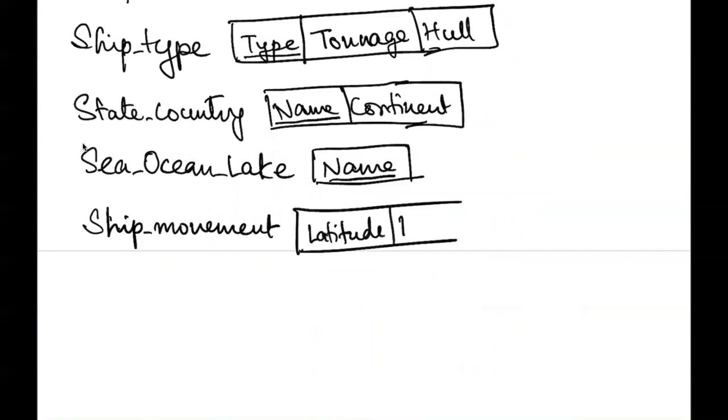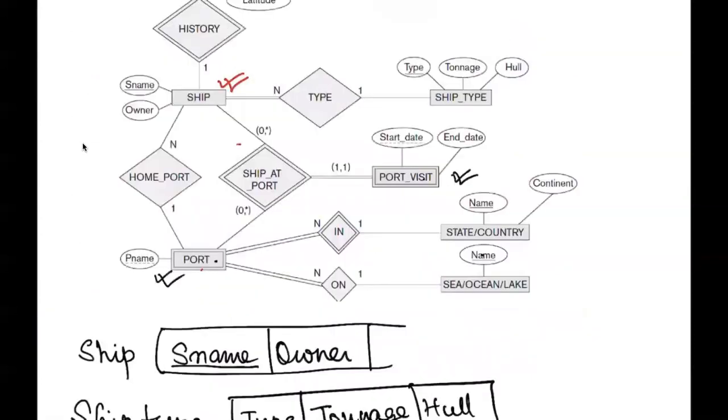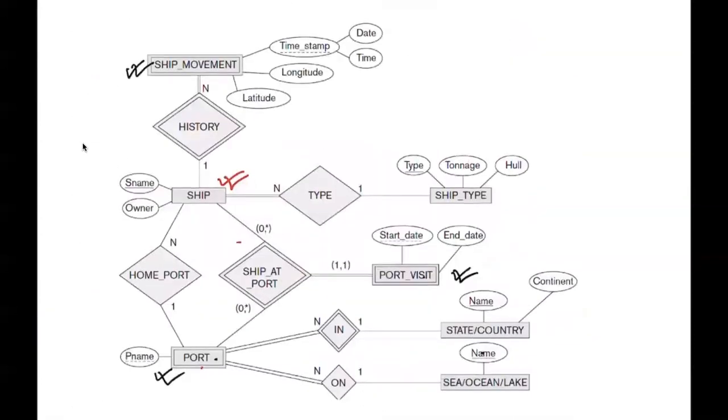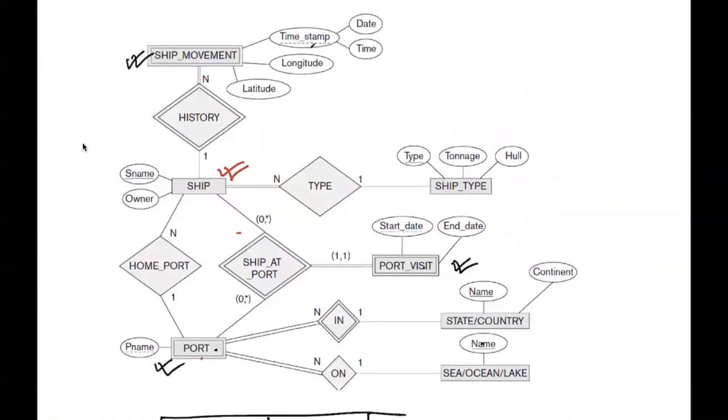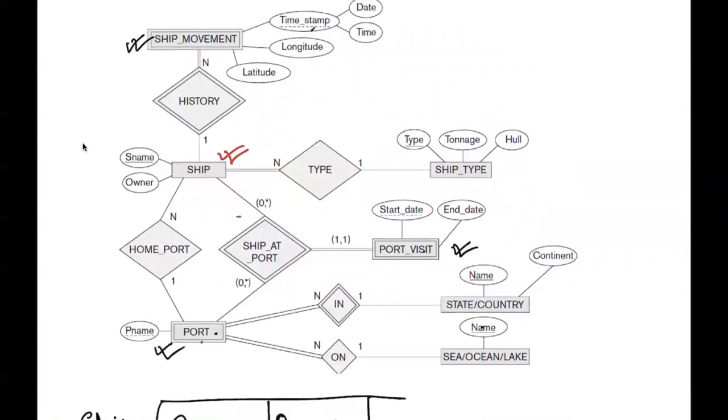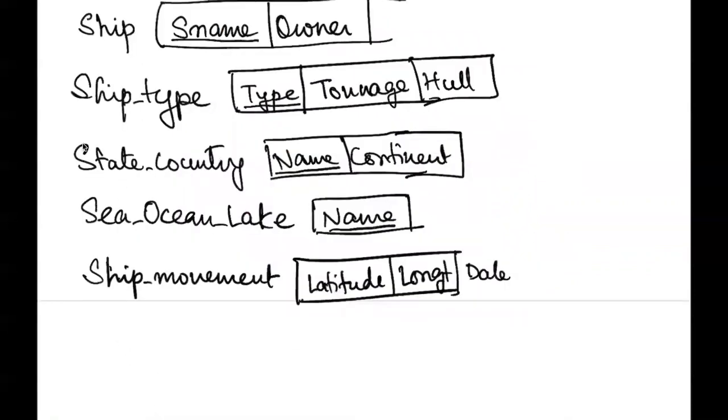Let me put it as LONGT, longitude. And since timestamp is the key here, and it is a composite attribute with the simple attributes date and time, instead of putting timestamp, we'll put the simple attributes, date and time.